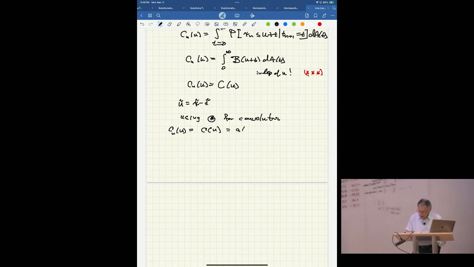It's a of minus u convolved with b of u. I just put the minus sign in the a condition, under the t. It's got the wrong sign, so therefore it's a of a negative argument. That's an important equation. That tells us how this very interesting random variable u is related to a and b.